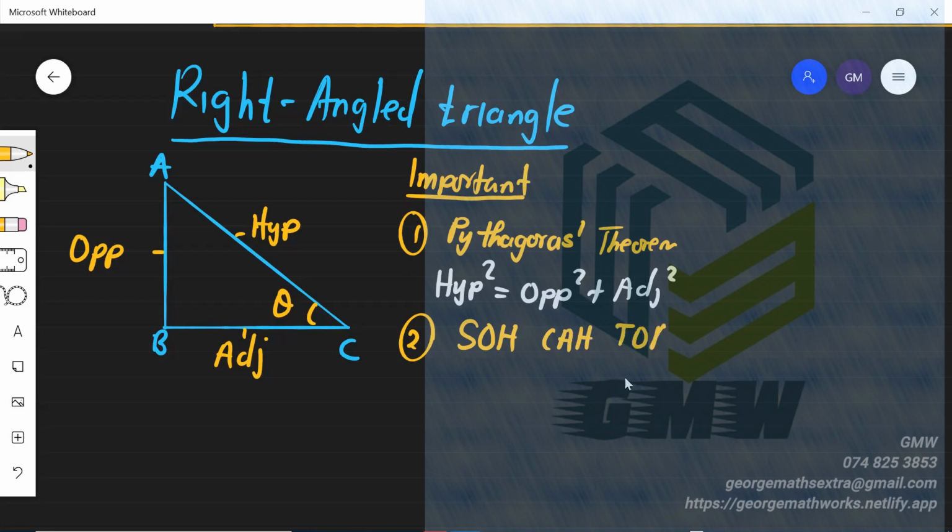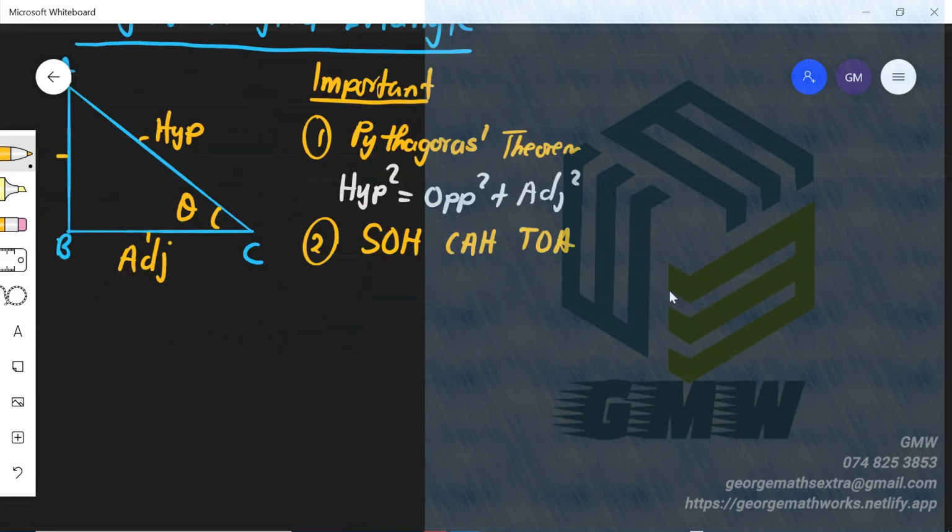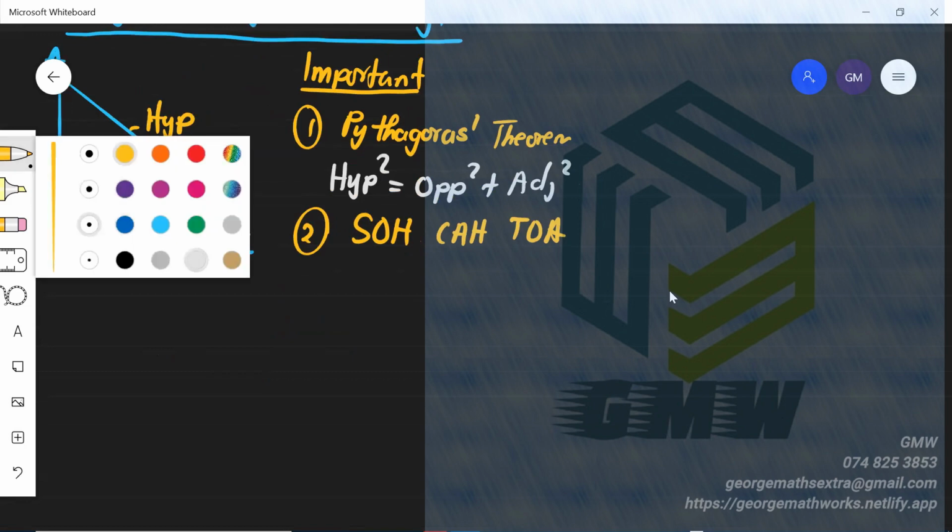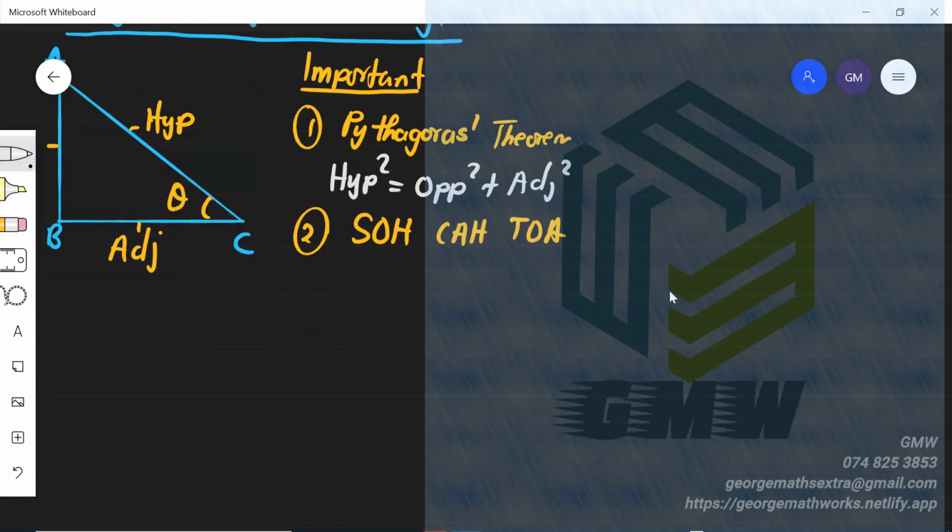If you are dealing with SOHCAHTOA, it gives you the connection between the sides and the angles. So we have sine theta equals opposite over hypotenuse. You agree with me? And cos theta is equal to what?